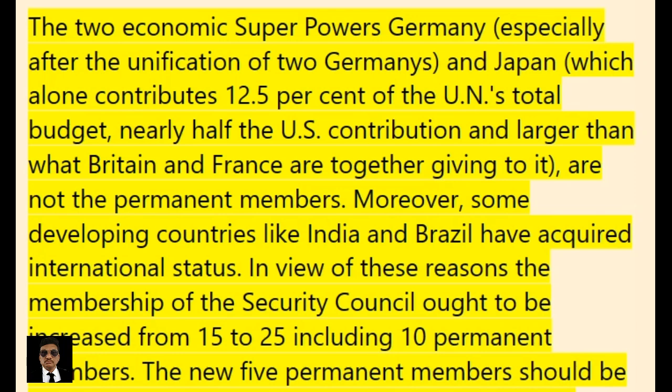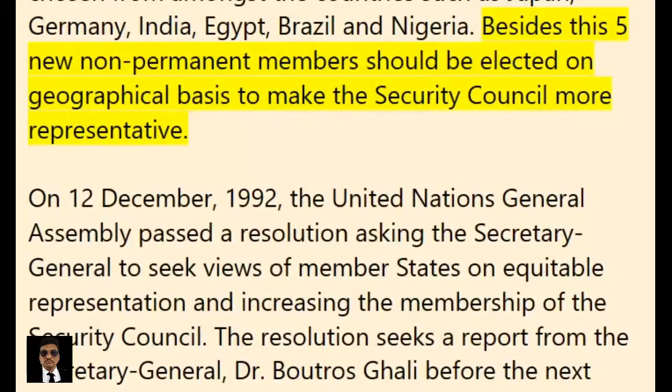In view of these reasons, the membership of the Security Council ought to be increased from 15 to 25, including 10 permanent members. The new 5 permanent members should be chosen from amongst the countries such as Japan, Germany, India, Egypt, Brazil, and Nigeria. Besides this, 5 new non-permanent members should be elected on geographical basis to make the Security Council more representative.